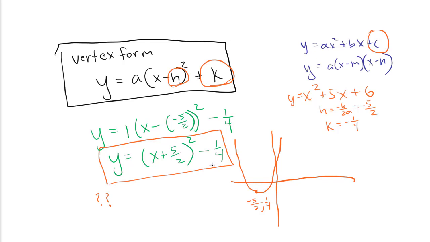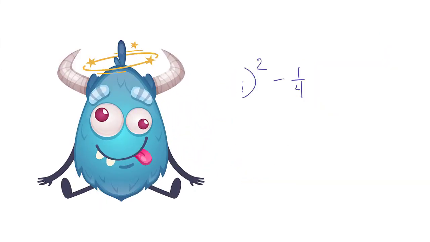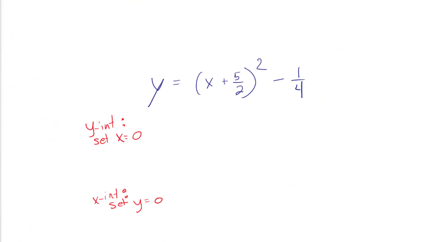If I wanted the zeros, well, again, I could multiply it out and then factor it and figure out what the zeros are. Okay, and that would work, and a lot of students do it, but boy, that's the equivalent of climbing up and over a large wall when you can simply walk around it. Here's how you would really do it. Remember, if I want the y-intercept, I simply set x equal to 0.